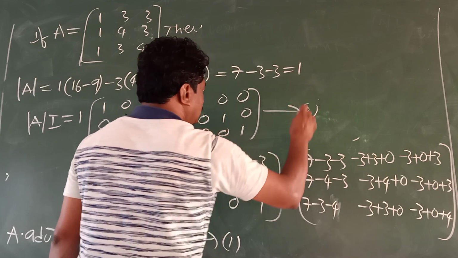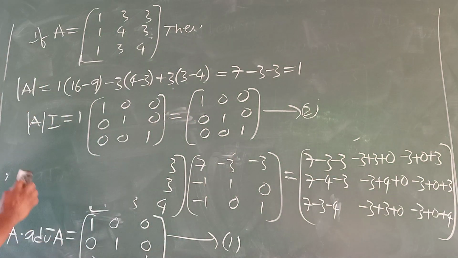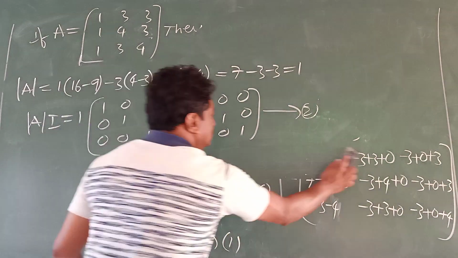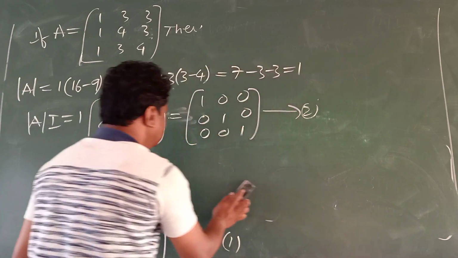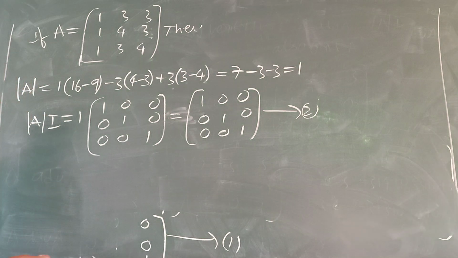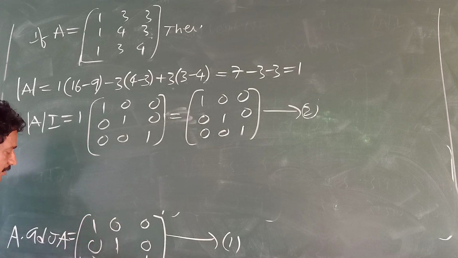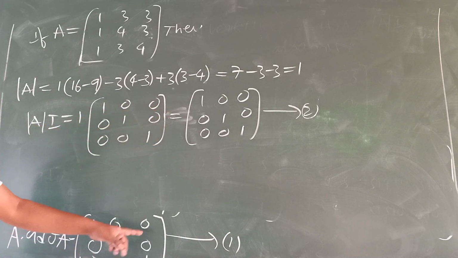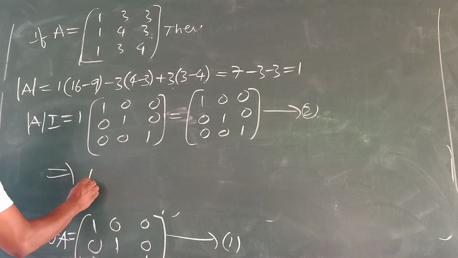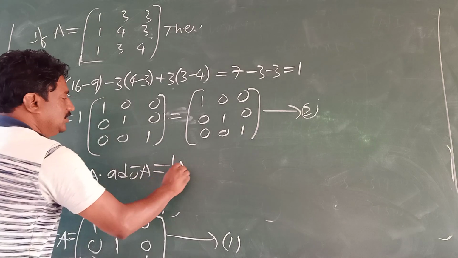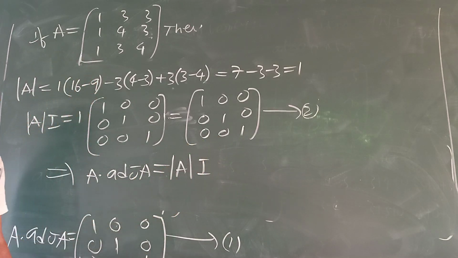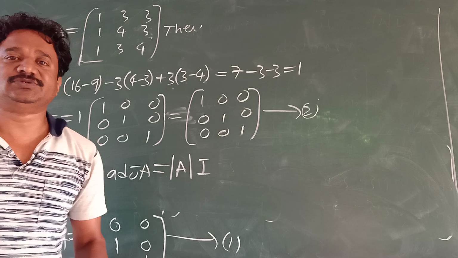Call this as 2. From 1 and 2, you observe, students, that A into adjoint A is always equal to det A into I. You remember this point, students.